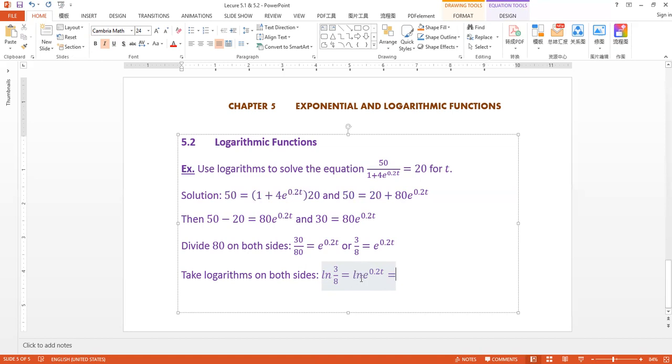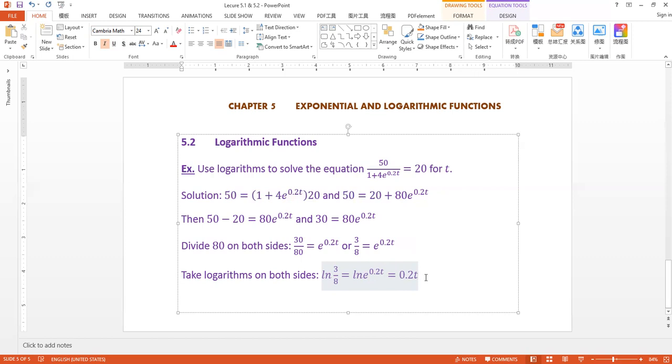It means the base for the logarithm is also e, and we're trying to take the logarithm with base e of exponential with the same base. So in that case, what's given is just the exponent. So we get 0.2t. When you take the logarithm of exponential with the same base, you're going to get the exponent.